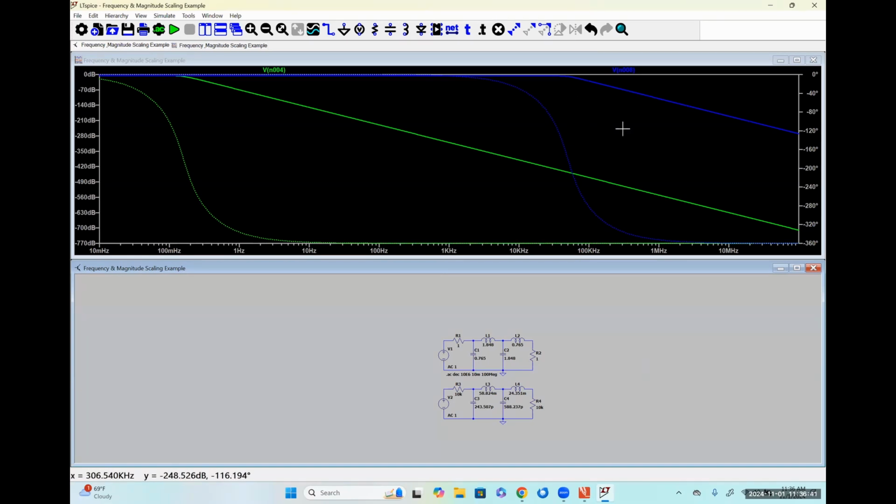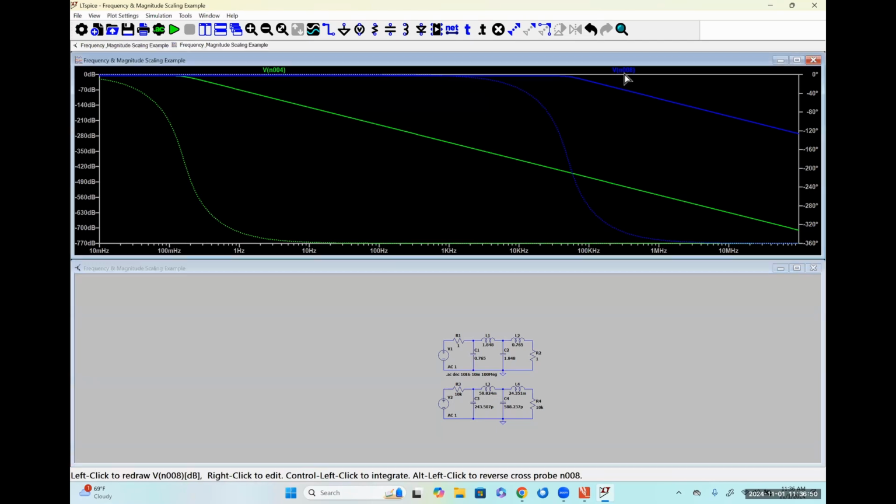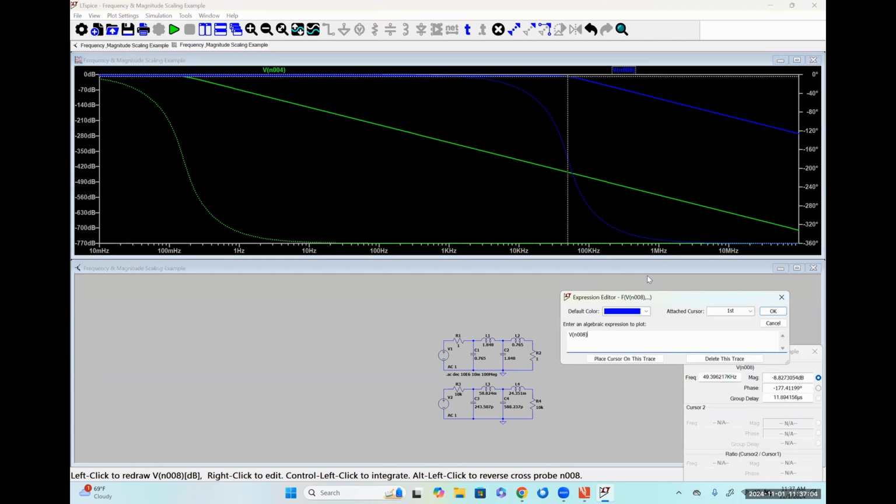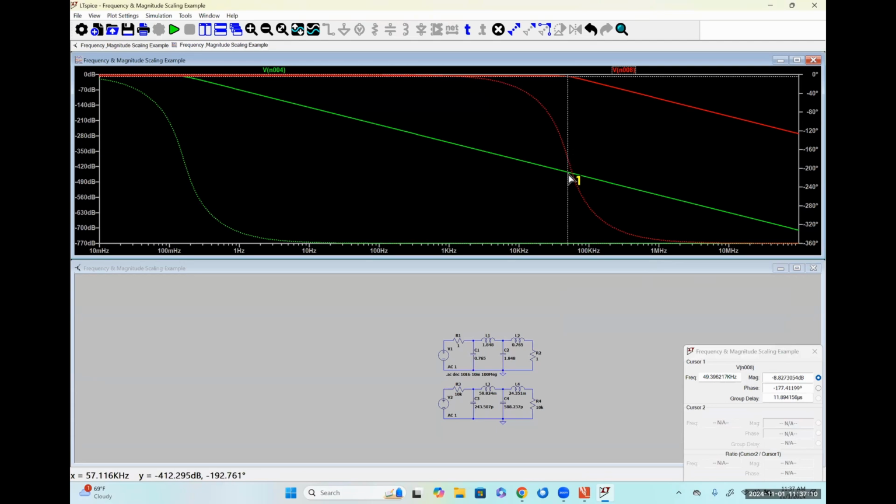So if I look at 2 here, and I come over here to 50 kilohertz, right here at 49.9 kilohertz, because that's about as good as I can get, we can see that our magnitude is indeed -9 dB, which is what we would expect.